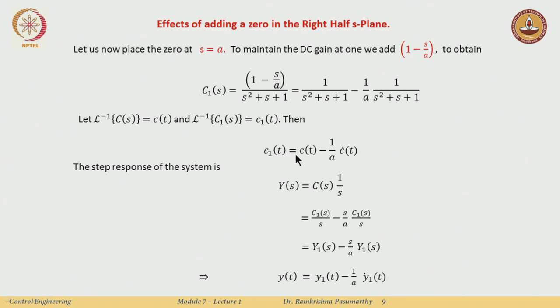Or in other words, C1 of t is C of t minus 1 over A C dot. We had a plus earlier. So, similarly, the total response is the response y1, and then in addition we have this response due to the 0 that is placed at S equal to A.